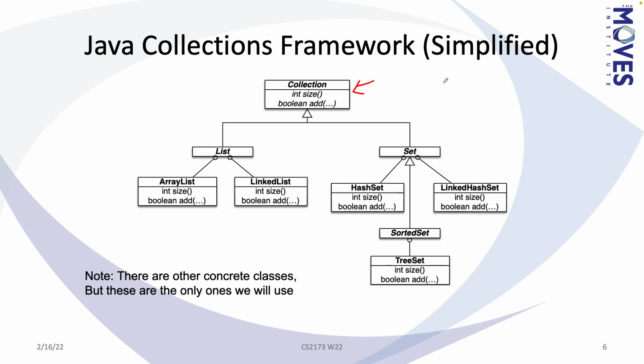It starts with an interface called Collection. And that interface says that every collection must have certain methods. So that's how interfaces work, and we all know that now. So every collection must tell you how big it is by the size, and it must give you the ability to add something.